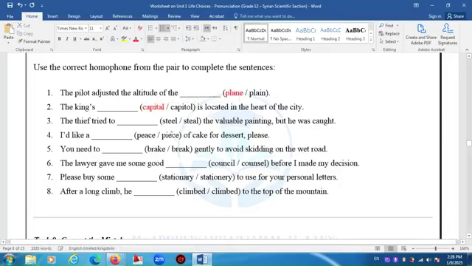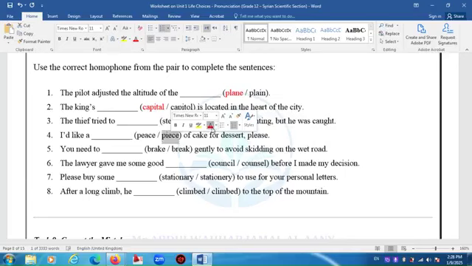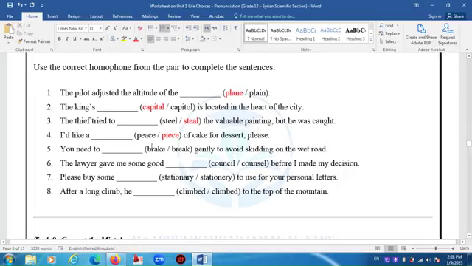Capital, the city where, for example, the state or the government rule. That's the capital. The thief tried to, is it steal or steel, the valuable painting, but he was caught. I'd like a, is it piece or peace? Piece of cake. Because the other, peace, it's the opposite of war.